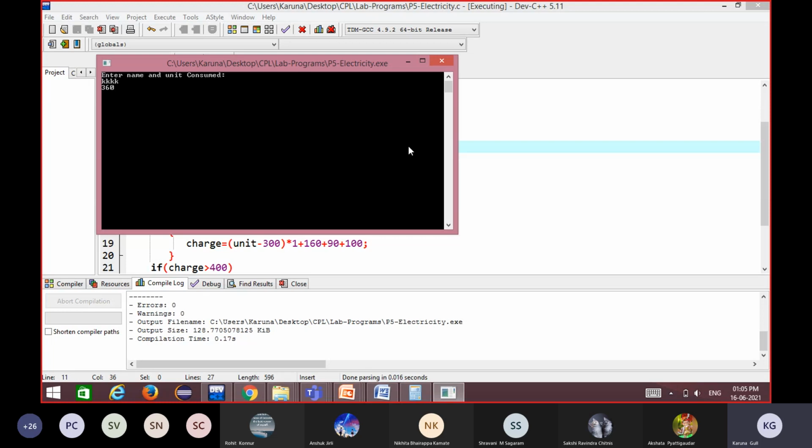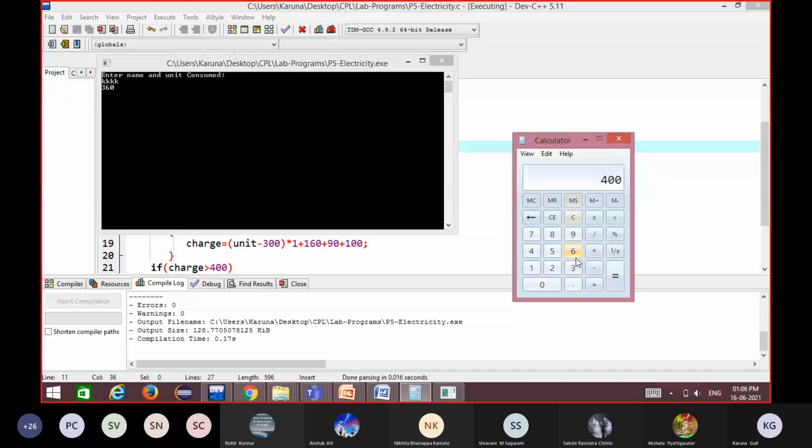I think it is 410. Yes, ma'am. Right? 410 plus 15% extra charge that you have to pay. How much? 410 multiplied by 0.15 plus 410 rupees.